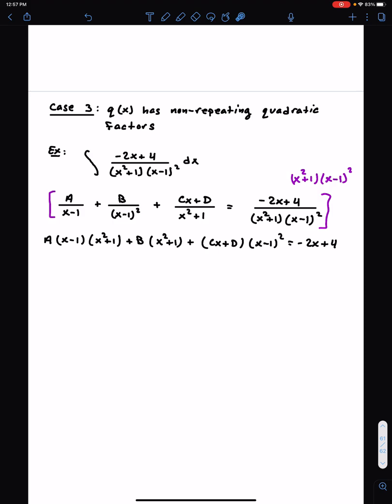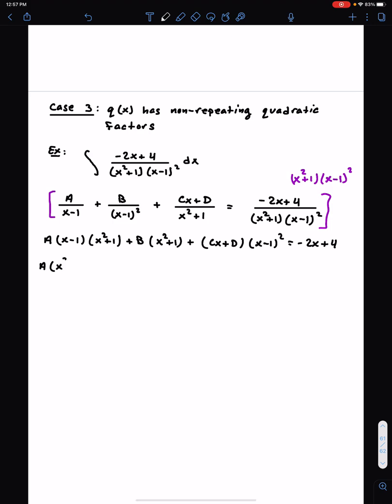Okay, if I FOIL these two terms, and distribute it with this cx plus d, and I'll put the result in descending order.